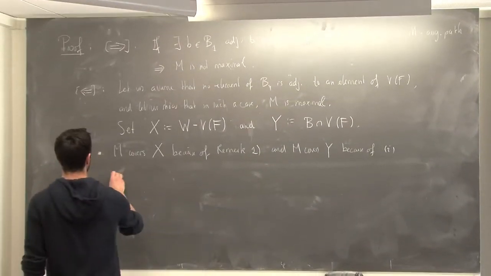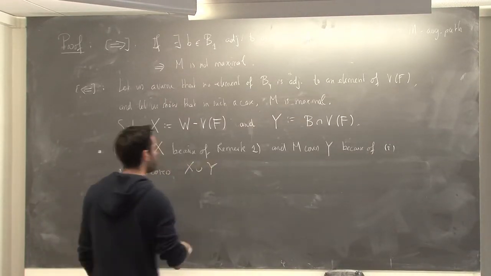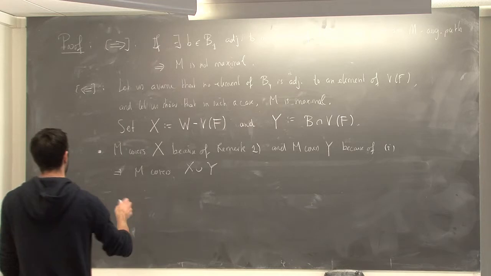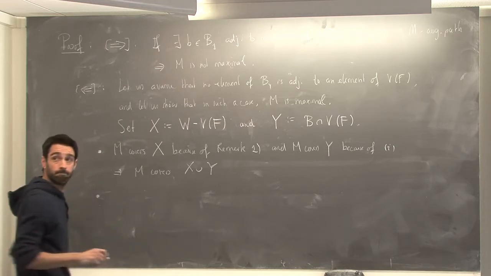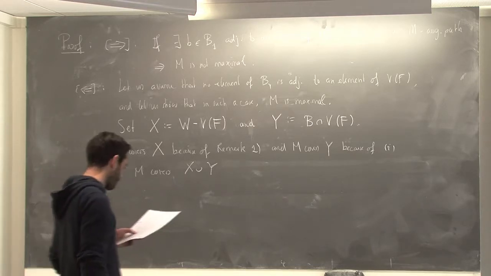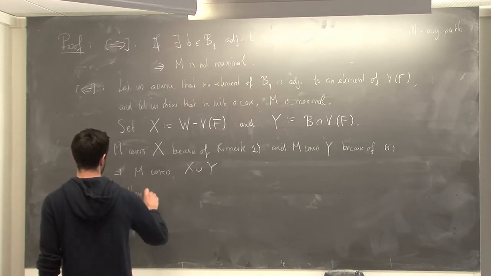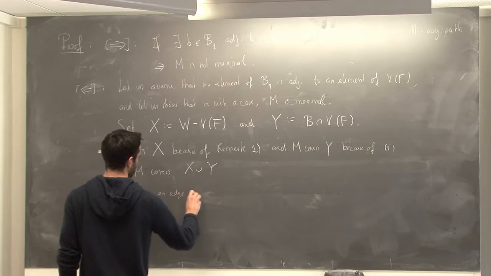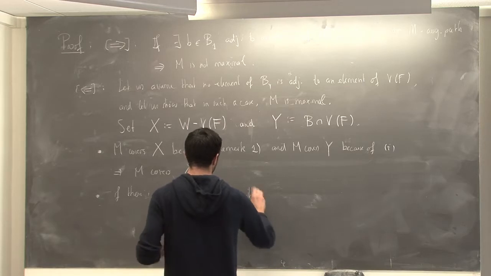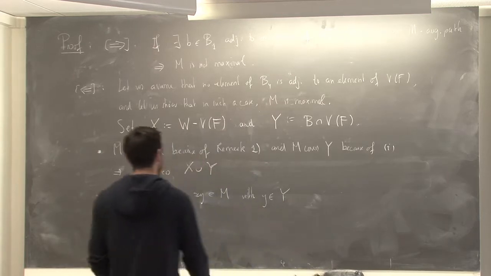So what do we have? M covers the union of X and Y. Okay, now I'm going to check that. So assume that there is an edge xy in M with y in Y, then what happens?